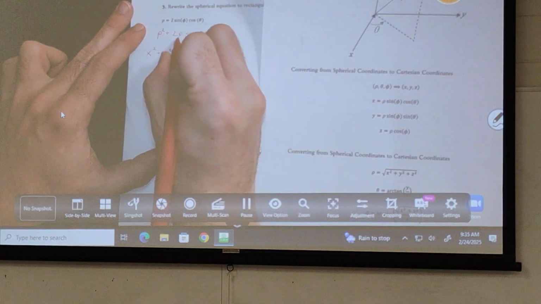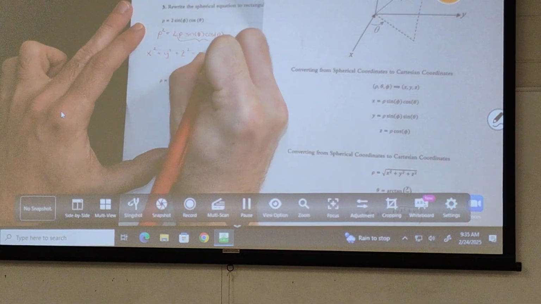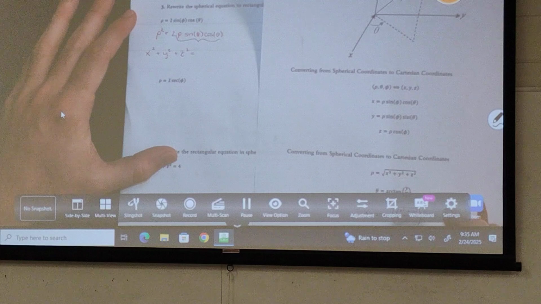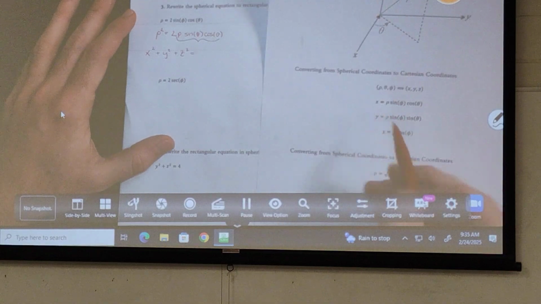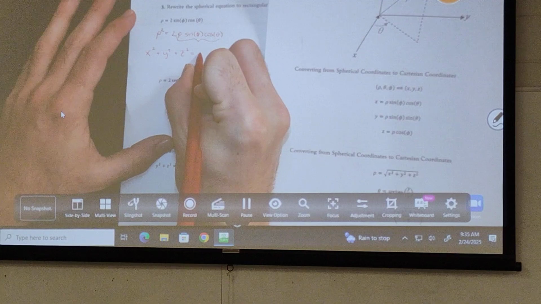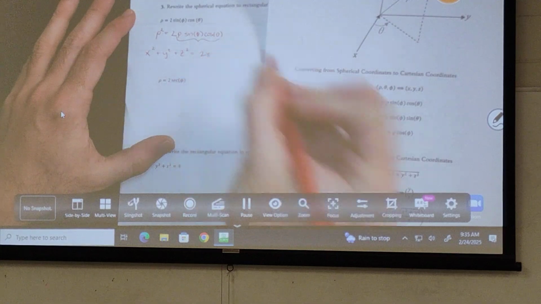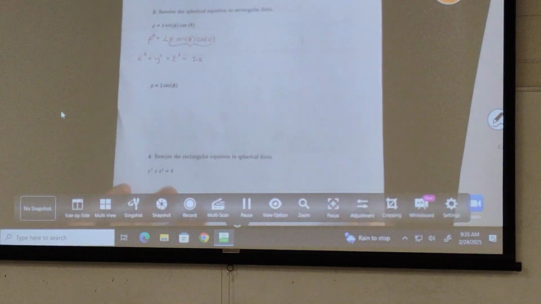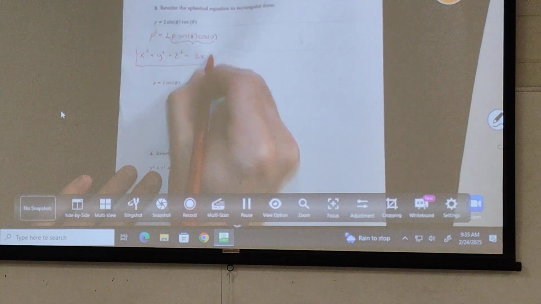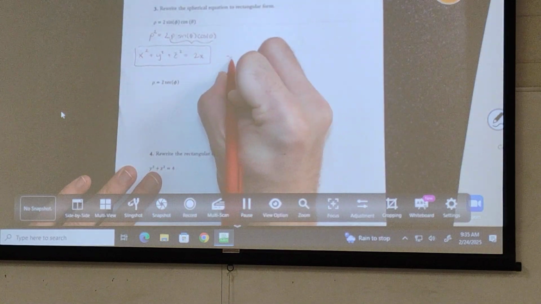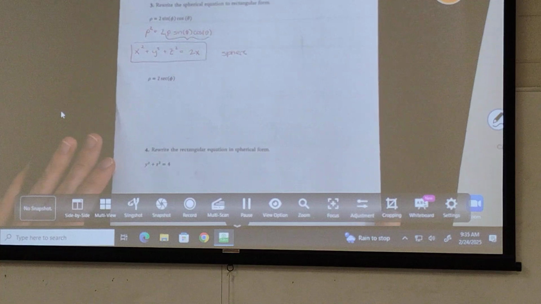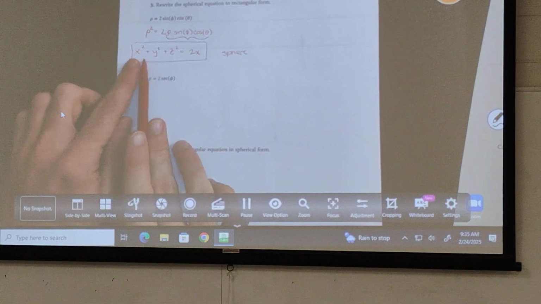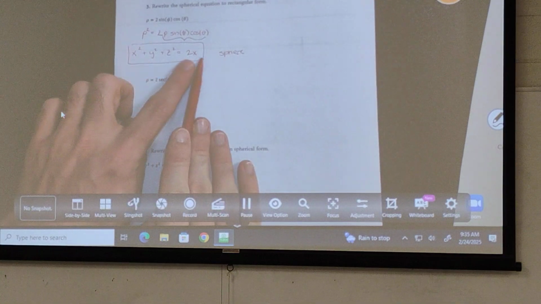And now, what is rho sine phi cosine theta? x. So I get a sphere. So we get x squared plus y squared plus z squared equals 2x.